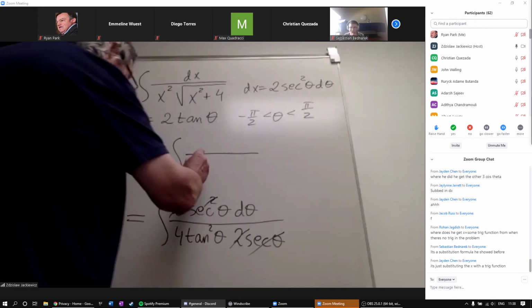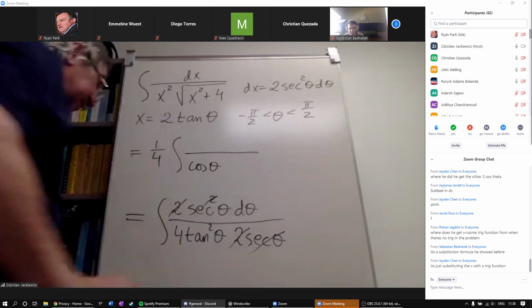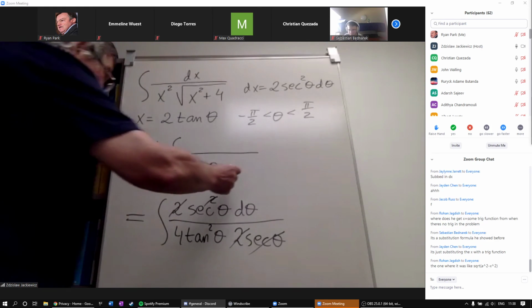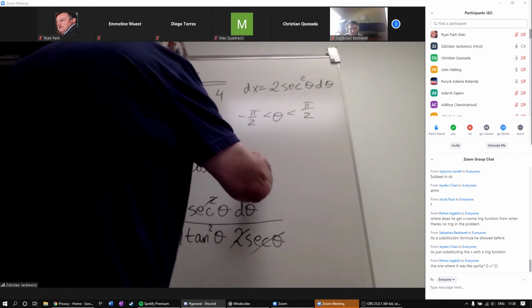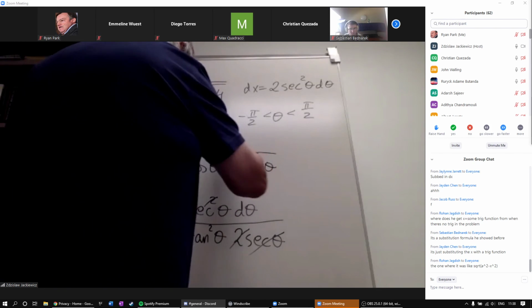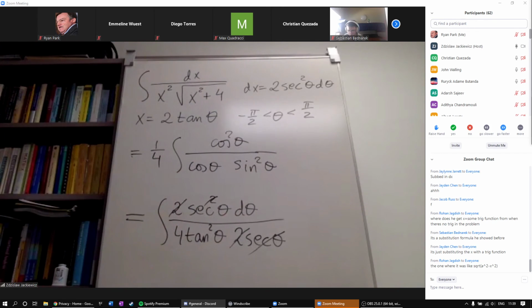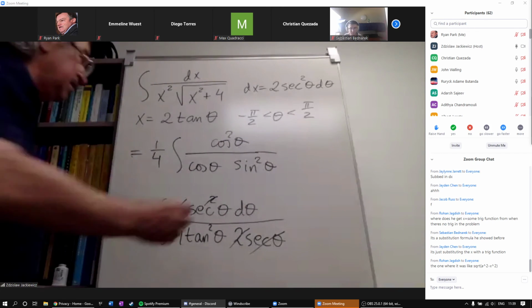Secant is 1 over cosine, and tangent squared is sine squared over cosine squared, d theta.